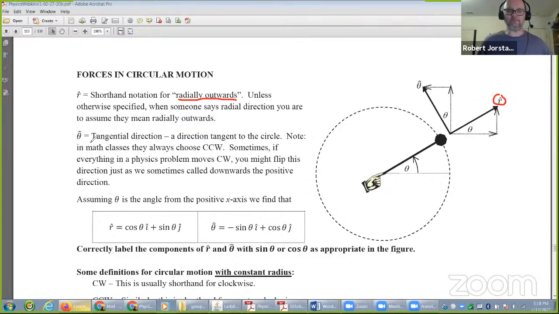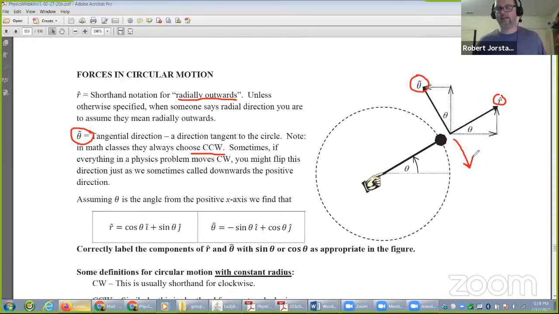Theta hat means in the tangential direction, so tangent to the circle. In a math class, they always choose counterclockwise. Well, we're physicists. Sometimes we might make this direction theta hat. If everything in the problem is rotating in the negative theta hat direction, physicists flip the theta hat coordinate.